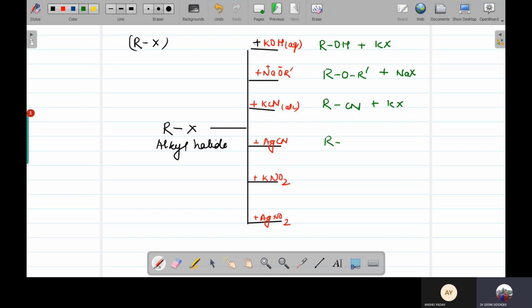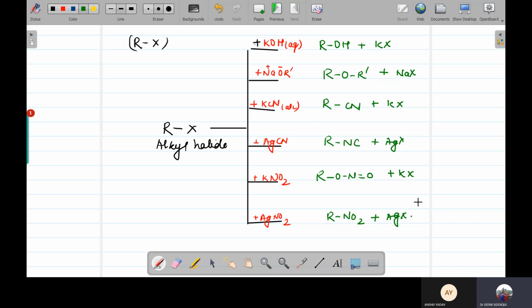In the case of AgCN, alkyl isocyanide plus silver halide. In the case of KNO2, you are going to have the alkyl nitrite plus potassium halide. And then in the case of AgNO2, nitroalkane plus silver halide is going.